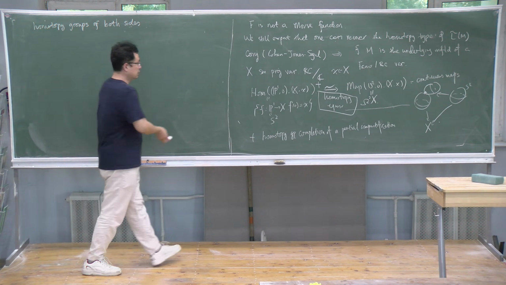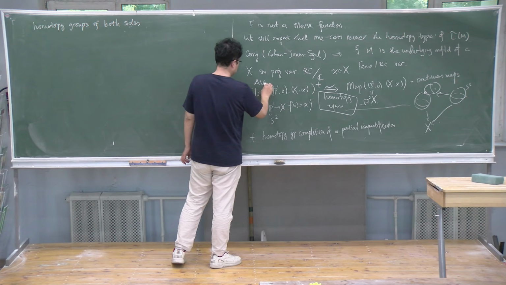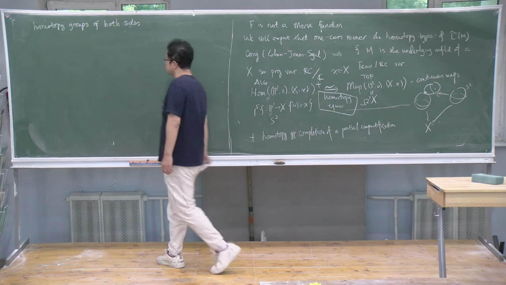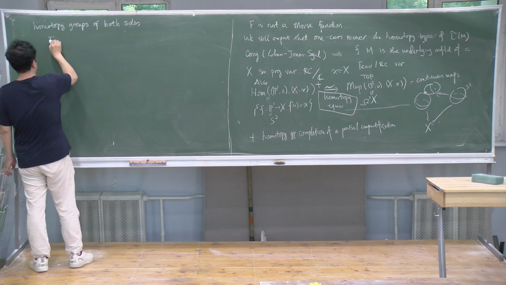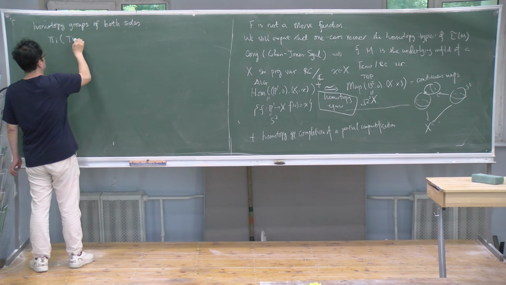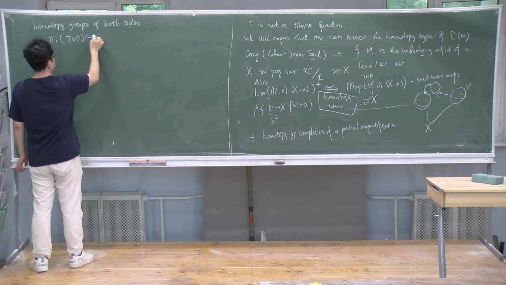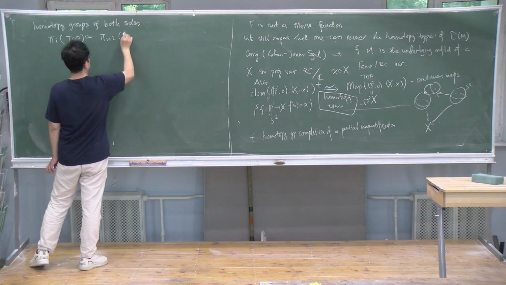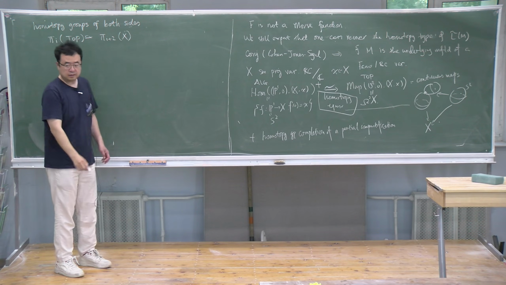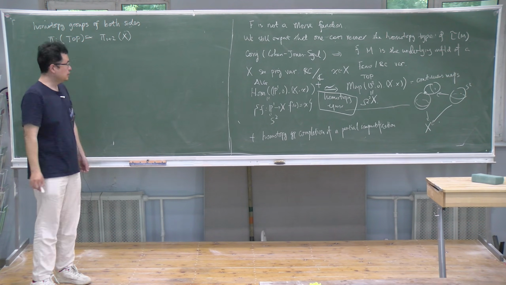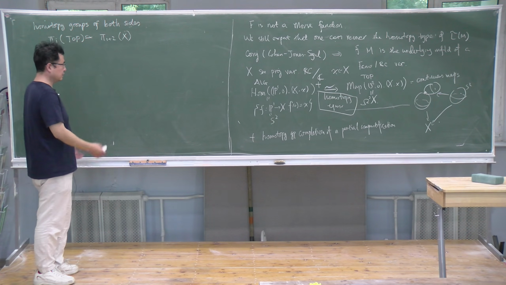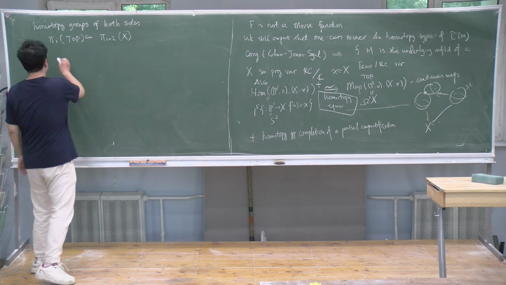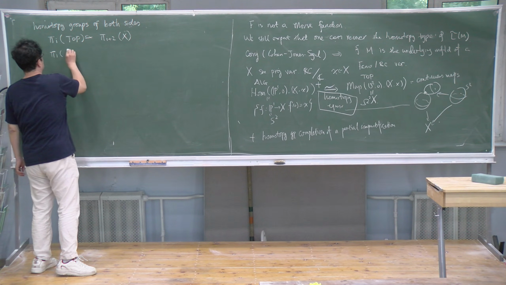I call this the algebraic side, and this is the topological side. Of course, the answer on the topological side is easy. They're just pi_{i+2} of X, by basic things in topology. And what is pi_i of this algebraic side?